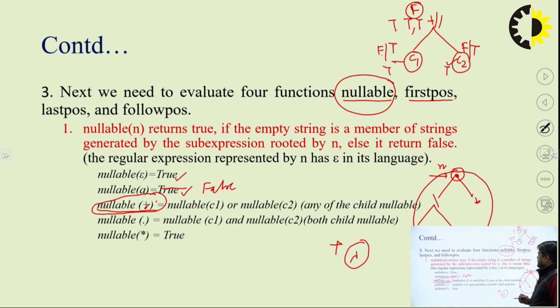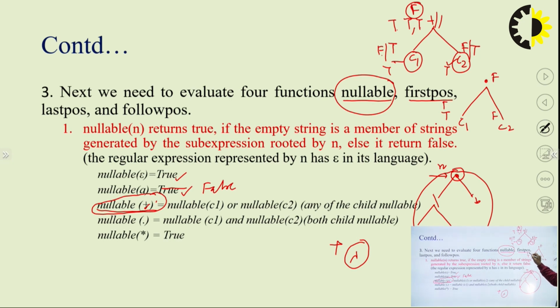For concatenation, with children C1 and C2 and the concatenation operator: if one returns true and the other false, the concatenation value will be false.